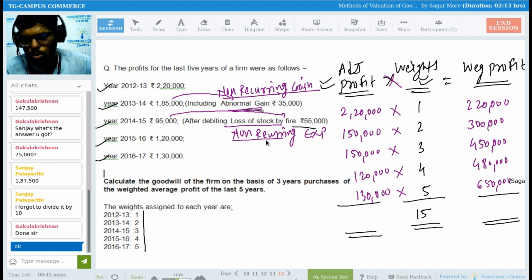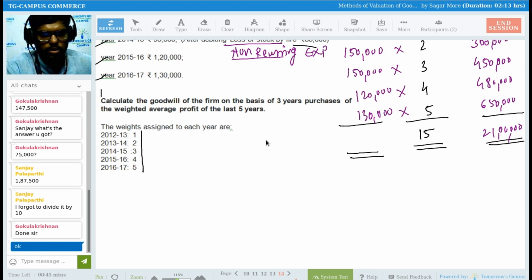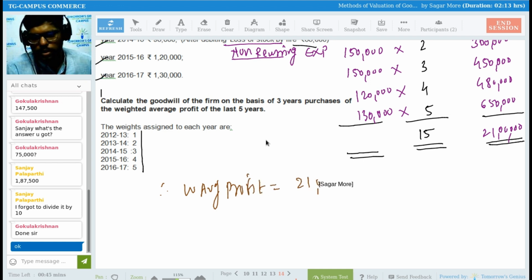So the total is 21 lakhs. Divided by 15, you get the weighted average profit. Therefore, weighted average profit is equal to 21 lakhs divided by 15.